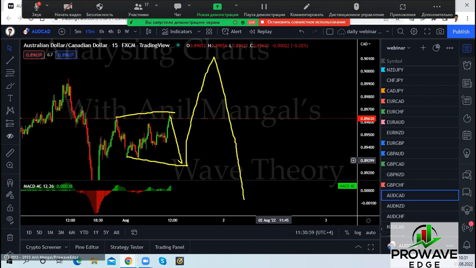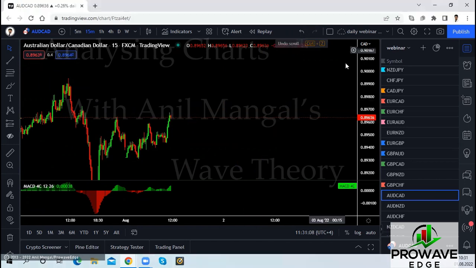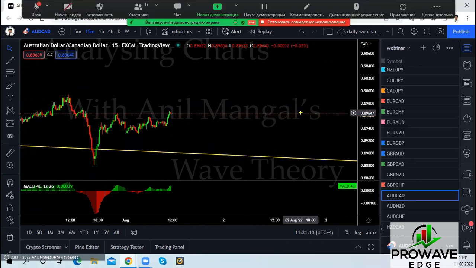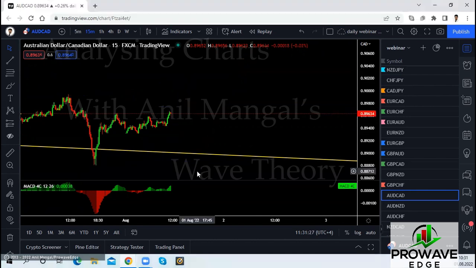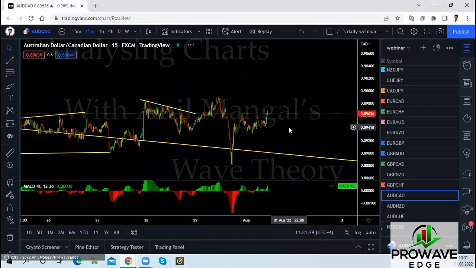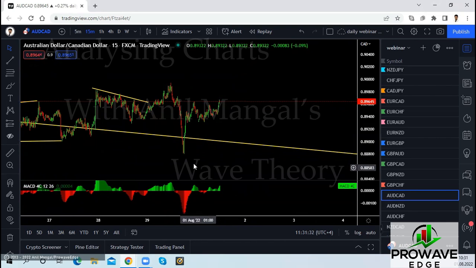Go for this, then come back and then go, right? So the big flat would look like this. Come here, complete this one. Go back up, come back here and then go. If it comes there, you can consider if you want that one for running flat. So I'll say just leave it for now. If they drop from here all the way to the bottom here, then we'll look for the buy setup.